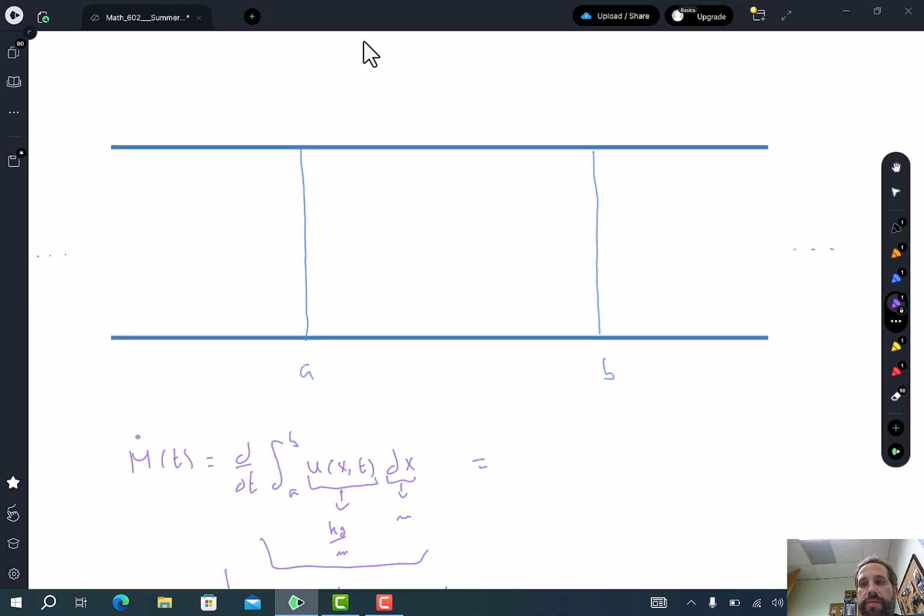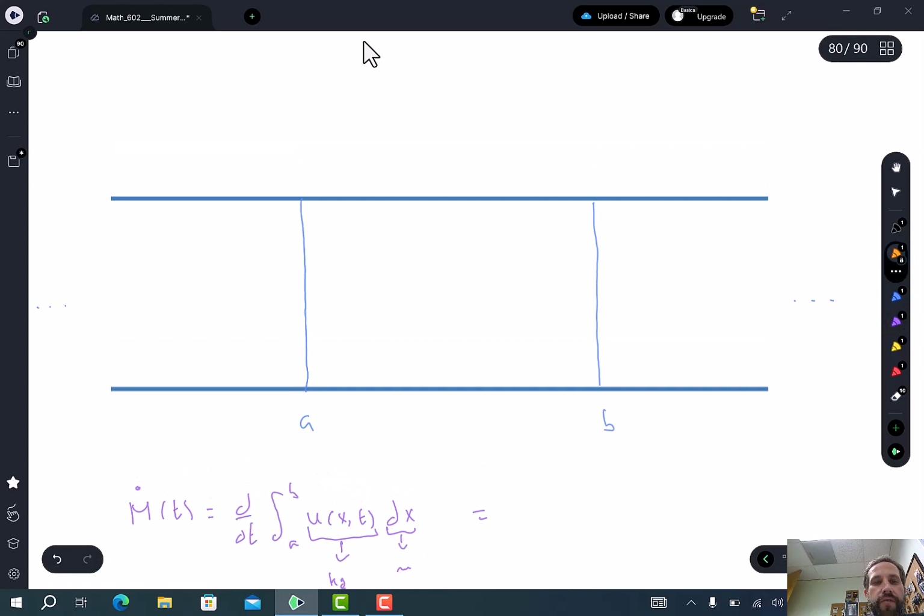By conservation, it's only going to change if we have mass flowing in here or out there. So it's just the amount of mass flowing in per time minus the amount of mass flowing out per time. And this is what we call the flux.